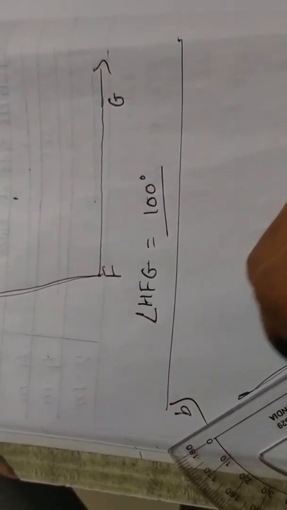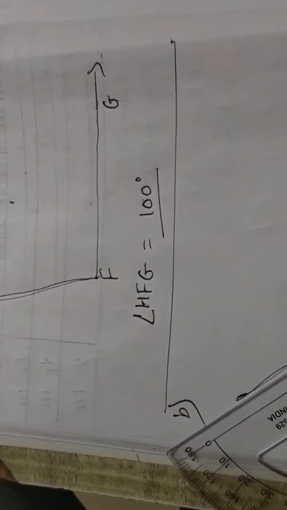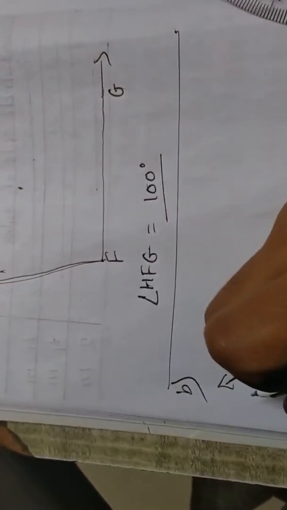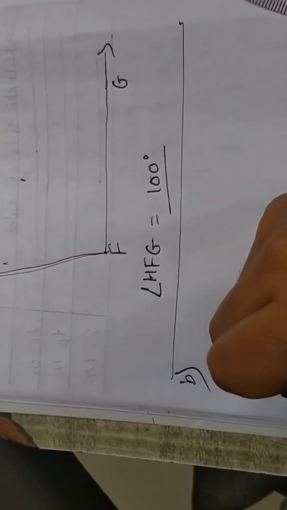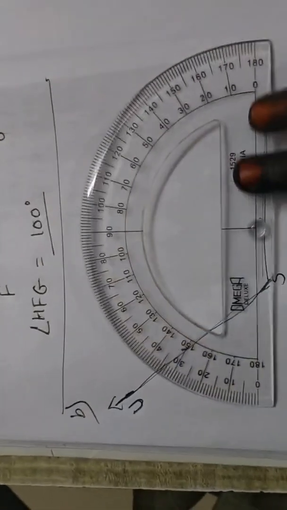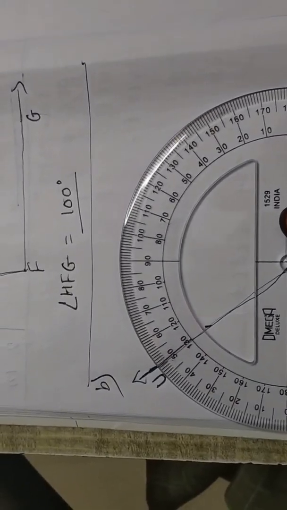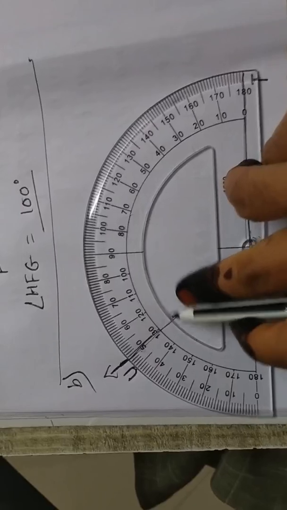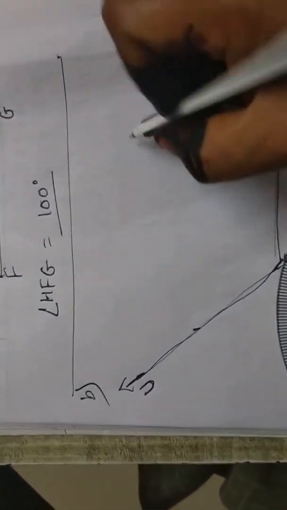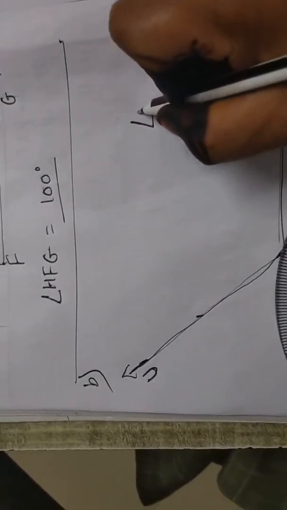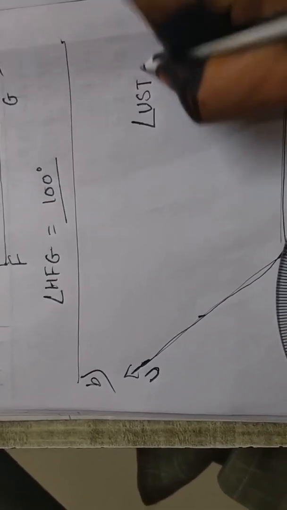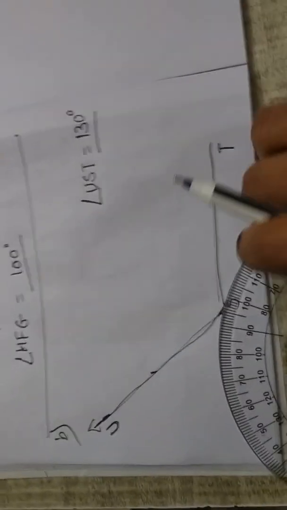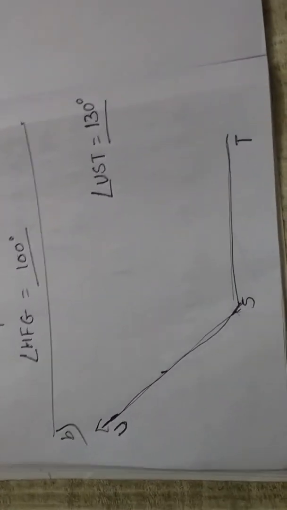Now in that dot we have to write U. Look at this angle, it is 130. So here we have to write angle UST is equal to 130 degrees. Now I'll give you 1 minute, students. You have to complete your work.